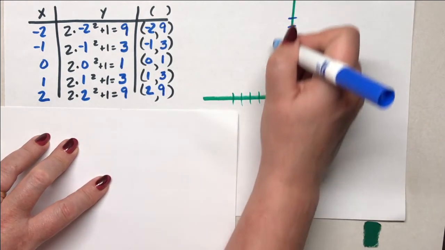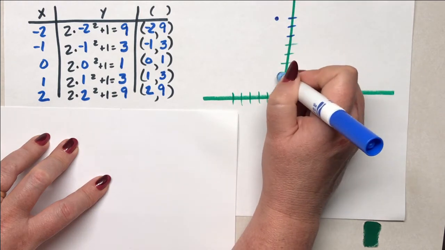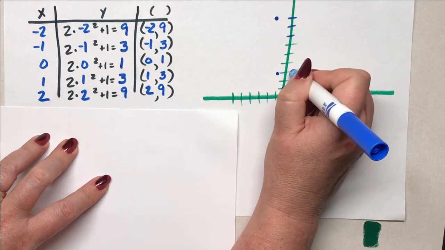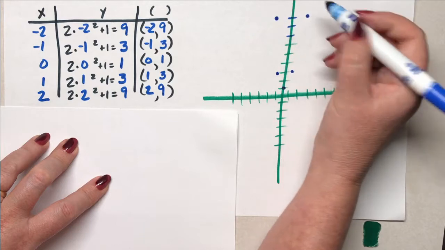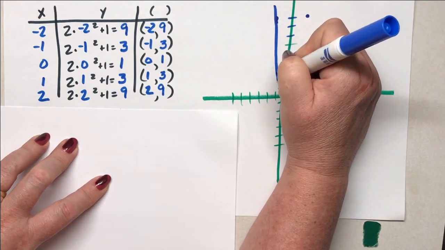When we graph this, -2, 9, -1, 3, 0, 1, 1, 3, 2, 9. We end up with what is called a parabola.